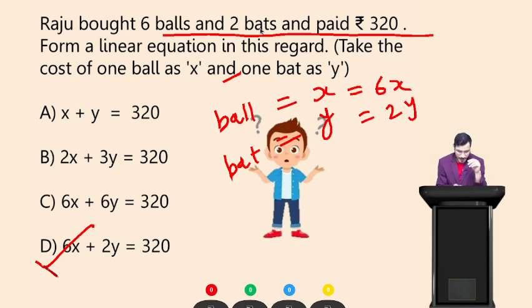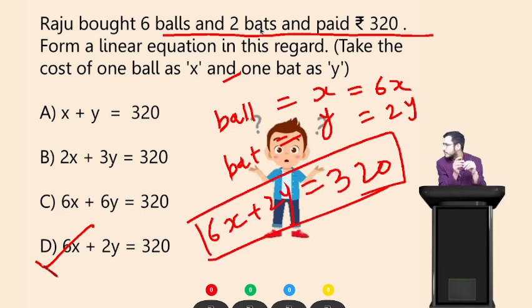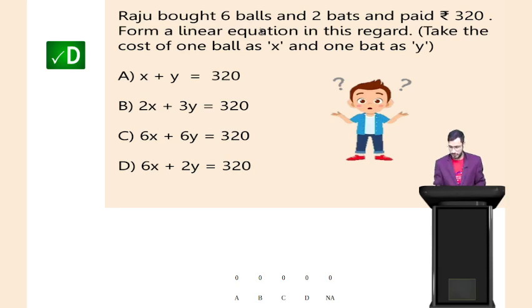So 6x plus 2y is equal to 320, that is our linear equation. So the right answer is option D, 6x plus 2y is equal to 320. Okay, good, very good.